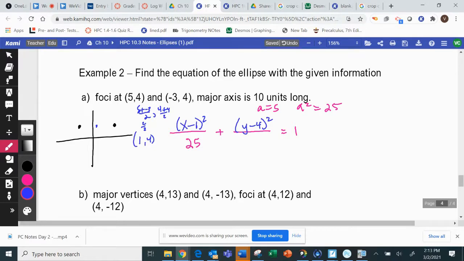So I just need to find b squared. Problem solve that.